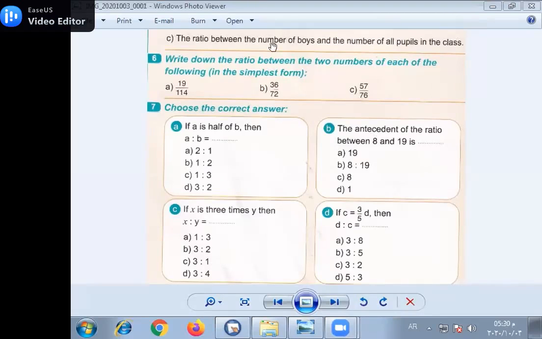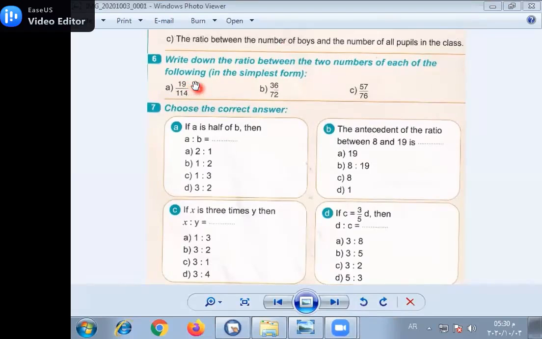36 and 72, both are divisible by 4. So 36 divided by 4 equals 9, and 72 divided by 4 equals 18. 9 and 18 are divisible by 9.